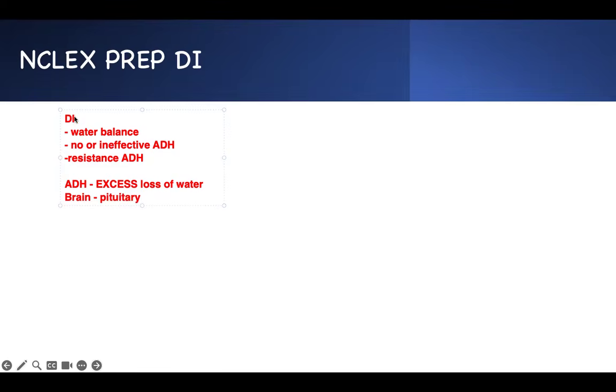And we secrete it based on our water balance. So if your blood concentration is too high or low, your body will try to secrete these hormones, whichever the situation is. Water balance issue, whether it's effective or ineffective, or your body is not responding to it.